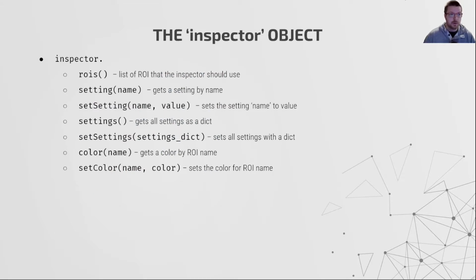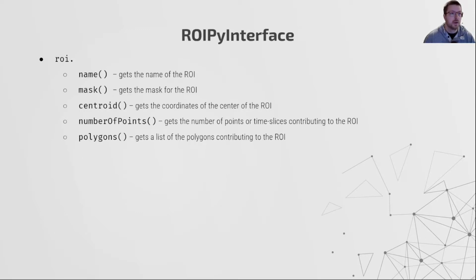So the inspector object, the main function that you'll be using with the inspector object is ROIs, which just returns the list of regions of interest that the inspector should use. Then we have a series of functions related to the settings and the color that should be used for a given region of interest. Now, a region of interest in Python is represented by this ROI Pi interface type.